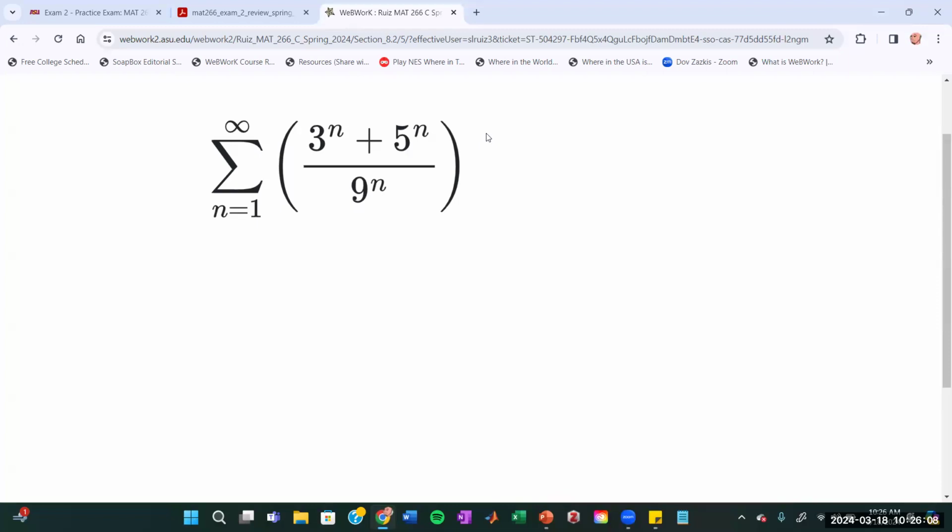What can I do to treat it like a geometric series? I can split up the fraction. If you write out some terms, it doesn't work as written. But what if I do this? This series of 3 to the n over 9 to the n, plus this other series. Individually, are those geometric? Yes, they are.